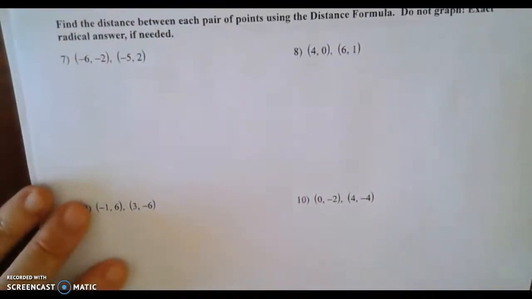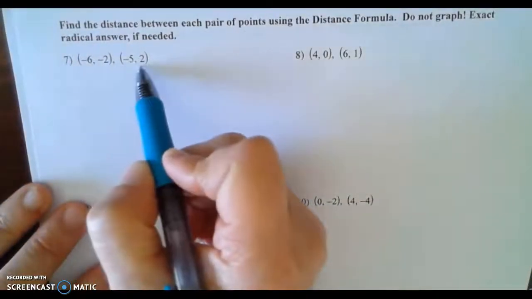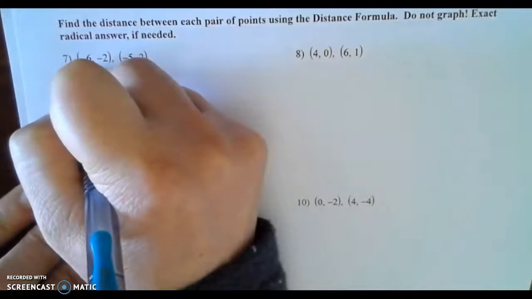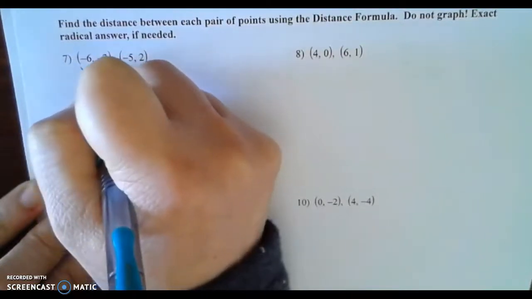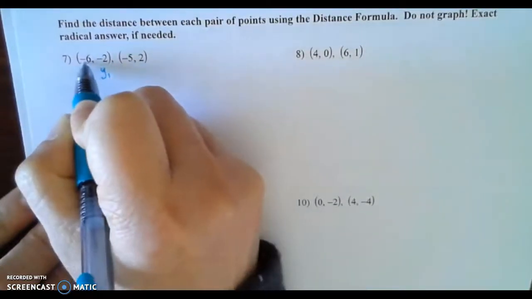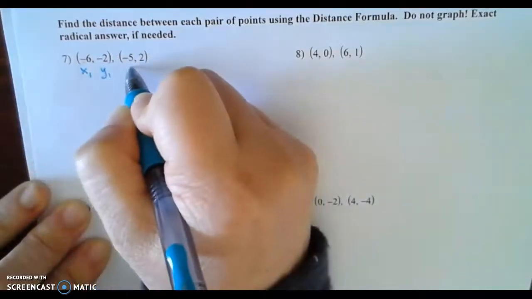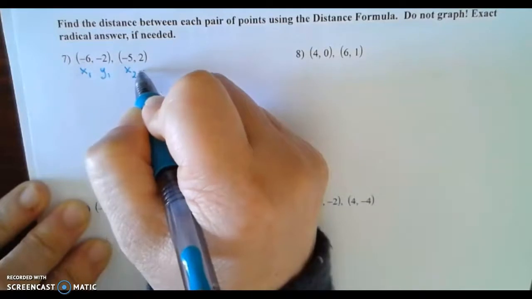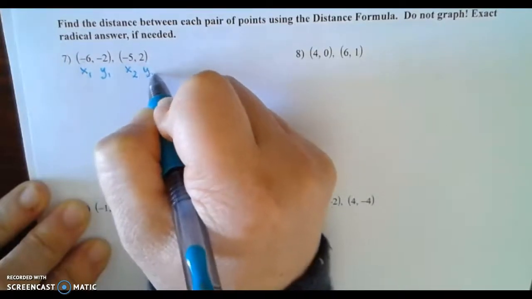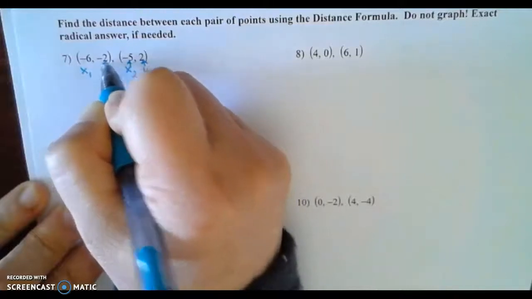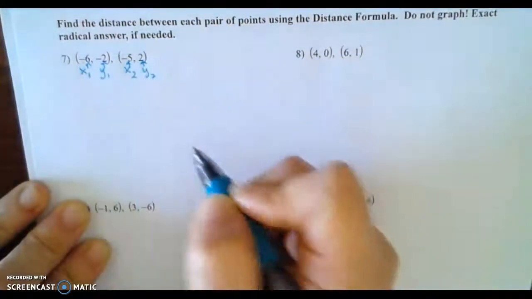If you are given number 7, you are given 2 points. So first thing we're going to do is mark them. This one's going to be my x1, this is going to be my y1. Remember, the first coordinate is always x, second coordinate is y. And then this is going to be my x2, and this is going to be my y2. So this is how I've labeled them.